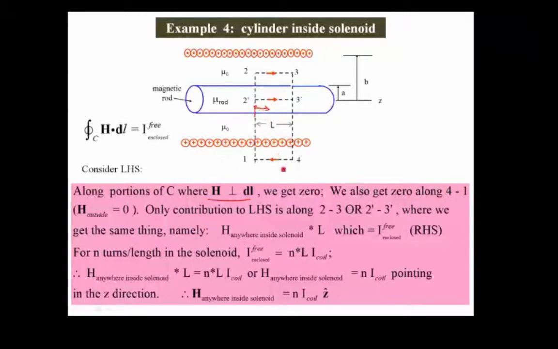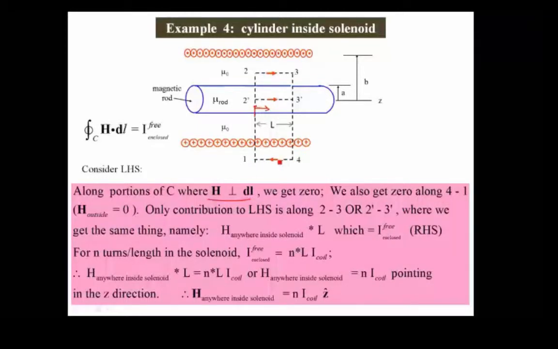If you come out here, H is equal to 0, and so you don't get any contribution to this part of the loop. So finally, the only contribution is 2' to 3' or 2 to 3. And so we'll talk about that then.